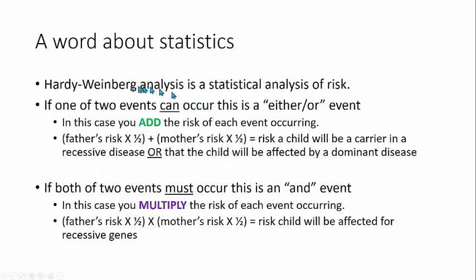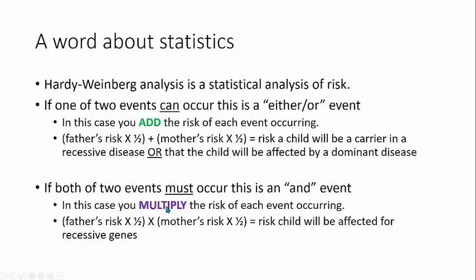It is important that you understand and can differentiate when the question is asking you for something that can happen versus when something must happen. So the term can in a question would be an either-or event, and that's when we add the risk of the father and the mother together to find the risk of the child.